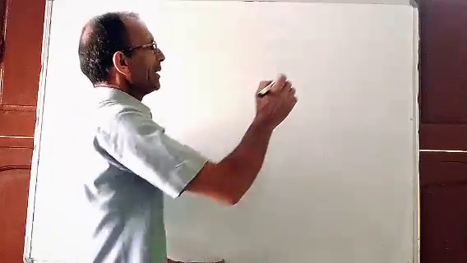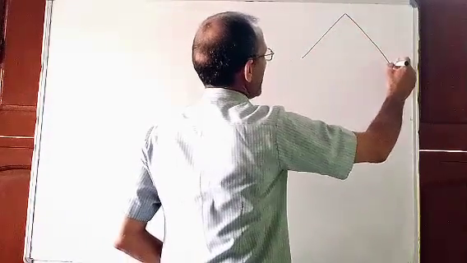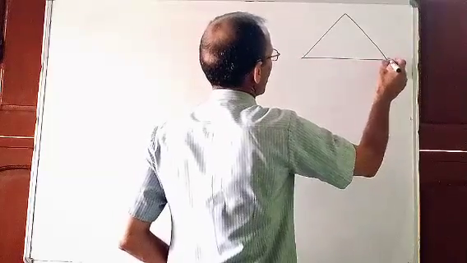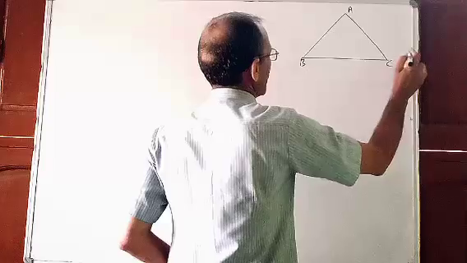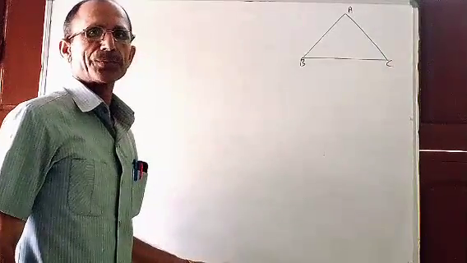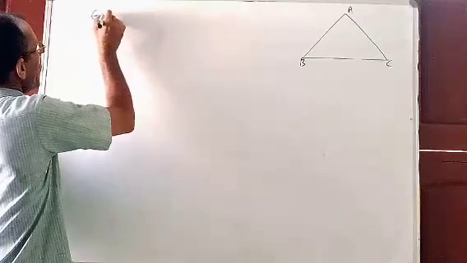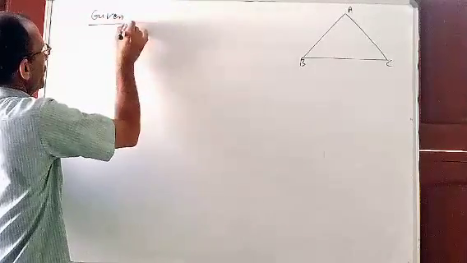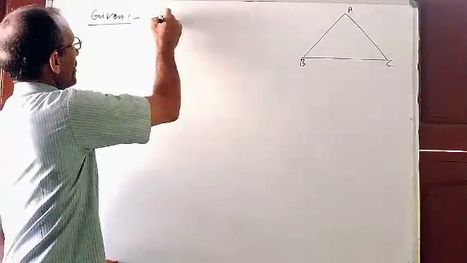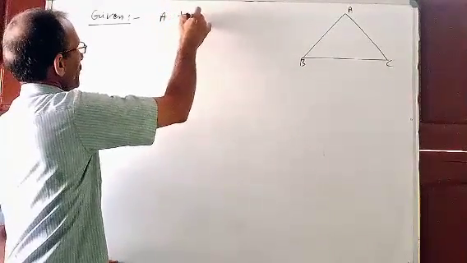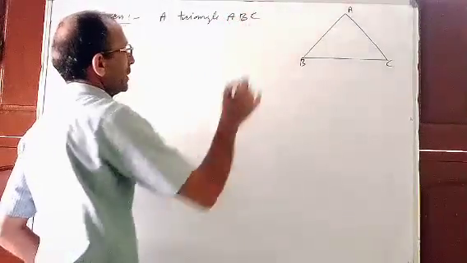What is given? A triangle is given. Suppose the triangle is ABC. This is the triangle. So what is given, stepwise?